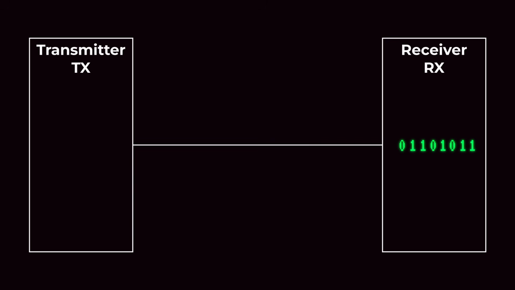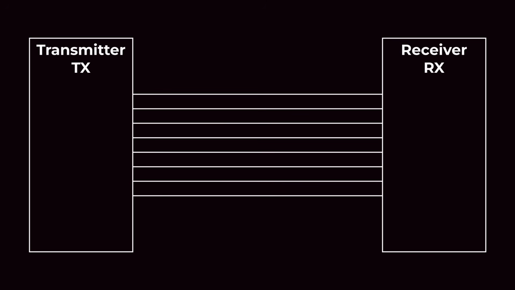And as a side note, of course, serial communication is not the only way of transferring data from A to B. So let's briefly contrast serial with its opposite, if you will, which is parallel communication. And in parallel, we send all the bits of a byte simultaneously. What's important for us right now is only to know that these ways of transferring data exist and that they obviously require different rules on how we send and receive data.